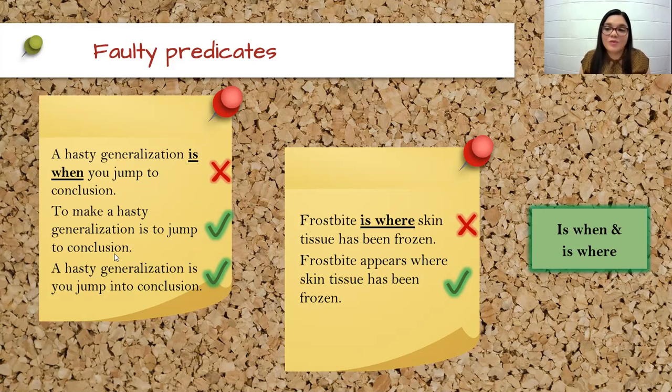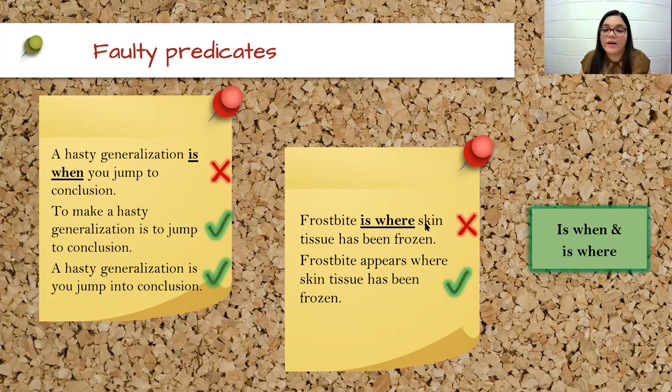A possible version of this one can be, to make a hasty generalization is to jump to a conclusion. A hasty generalization is, you jump into a conclusion. Still, I don't like this one, but let's say that this one can be more acceptable than this one. We should avoid these when constructions.